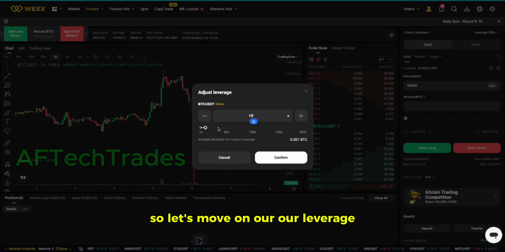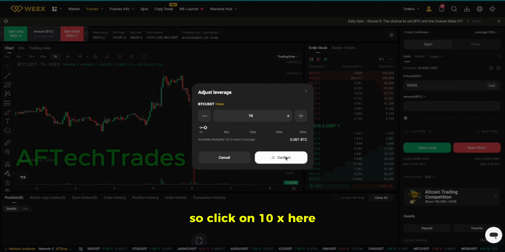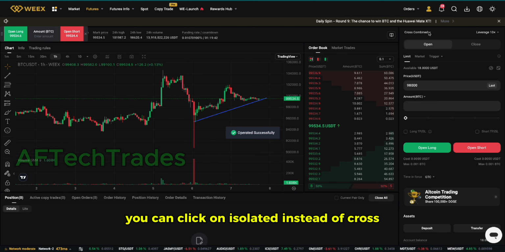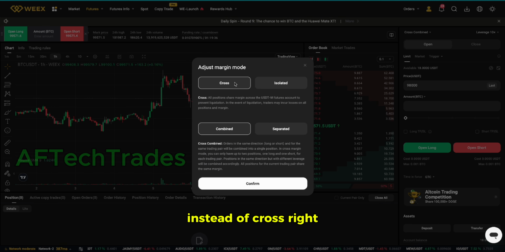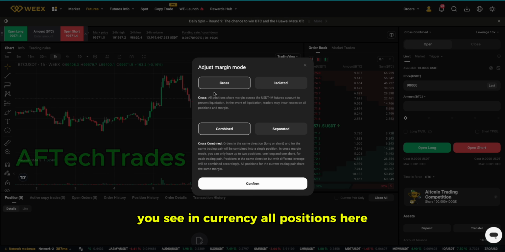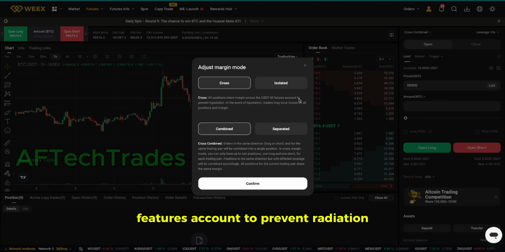So let's move on. Our leverage, we said we should use 10x, right? So click on 10x. Here you can click on isolated instead of cross. You see in cross, they say all positions share margin across the futures account to prevent liquidation.